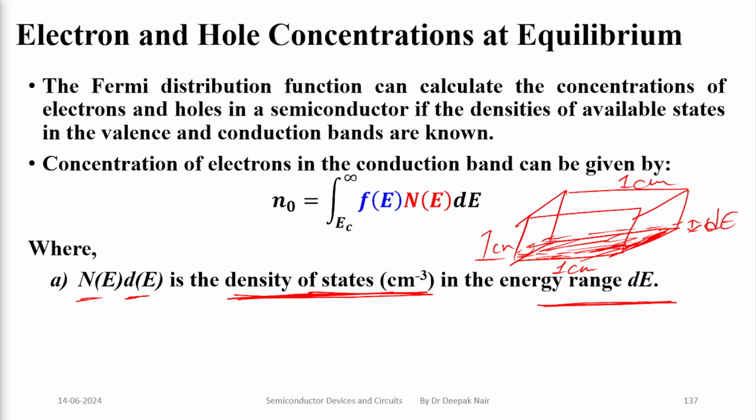If we keep on adding such dEs throughout the semiconductor, then we can say what is the density of electrons in this whole semiconductor.